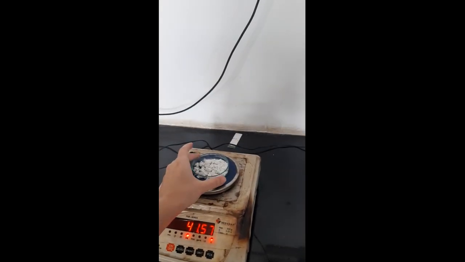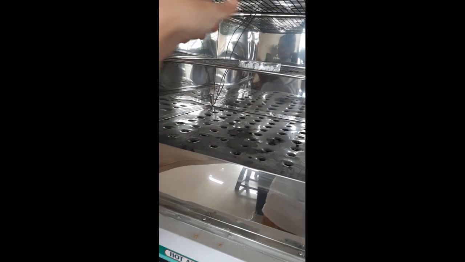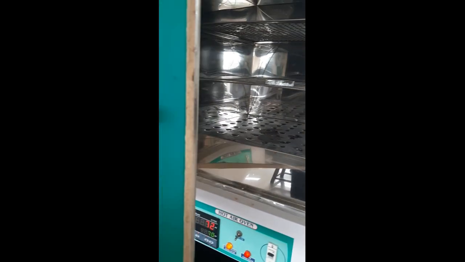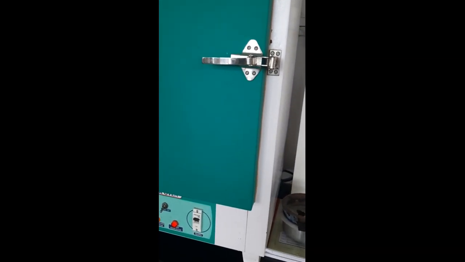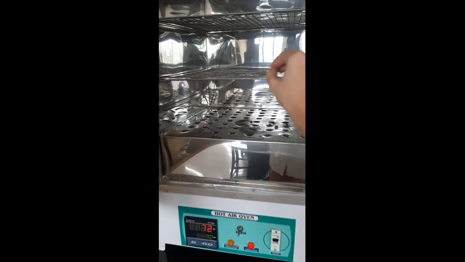So now again we are going to place this Petri plate into the hot air oven, and we will again see the weight after 10 minutes. Next 10 minutes are over, so now we will take out the Petri plate and we will weigh it.